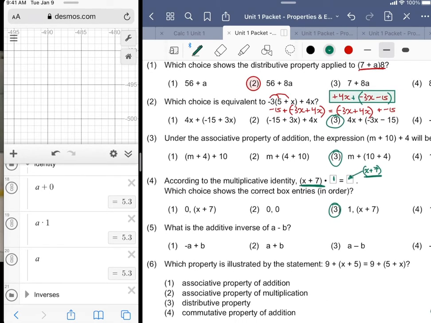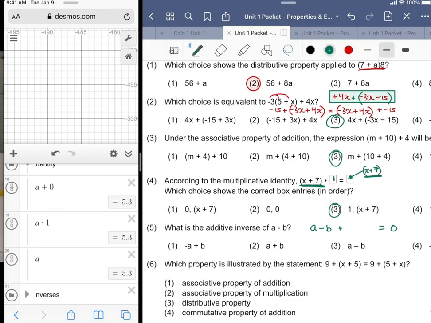The additive inverse. We're starting with A minus B. We have to add something to that in order to end up with a 0 as a result. So in order to end up with the additive identity, all we need to do is figure out what that expression would be and we'll be good.